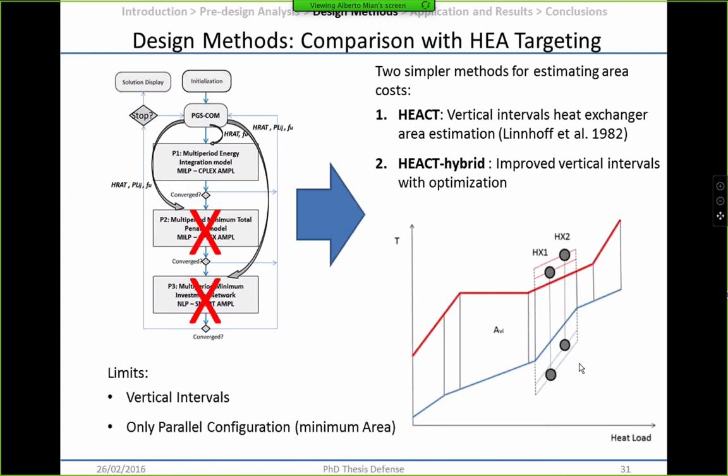The main limitations are that with this hybrid heat exchanger area and post-targeting approaches, we can just evaluate the heat exchange between areas that are vertical, and it cannot be cross heat exchange between these zones. The other problem is that the heat exchangers are sized considering always parallel configuration, which means always minimum area, but not necessarily minimum cost.